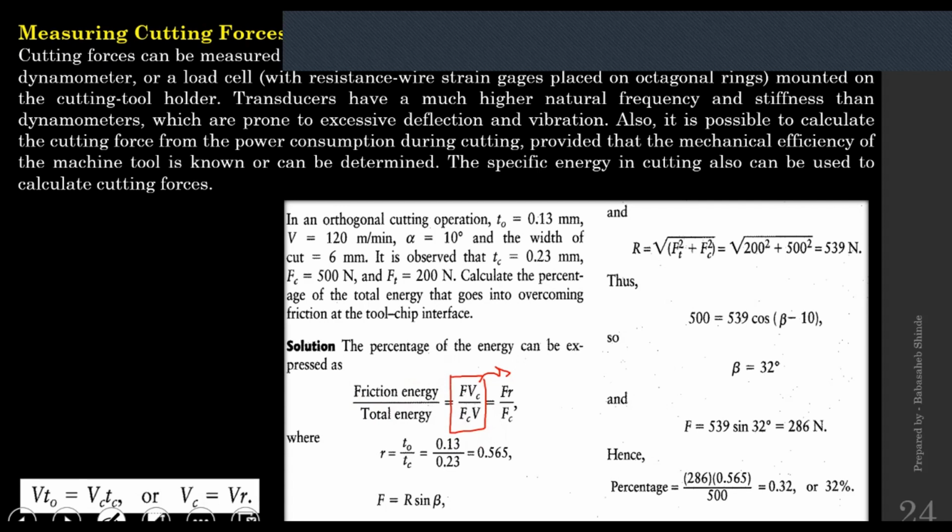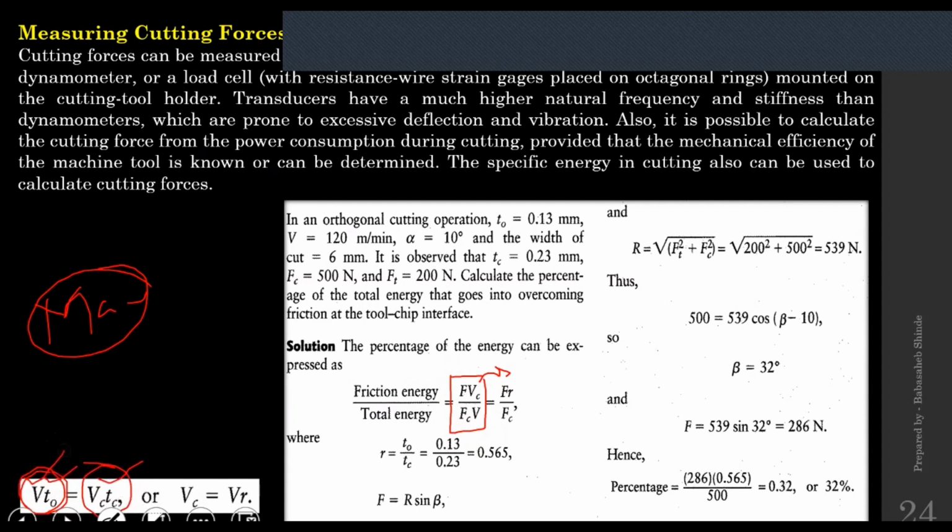How this changes? If you are able to remember this relation, V into T0 is equal to VC into TC. This is a mass continuity equation that we wrote while discussing the velocities in the cutting zone. This is before cutting and this is after cutting.